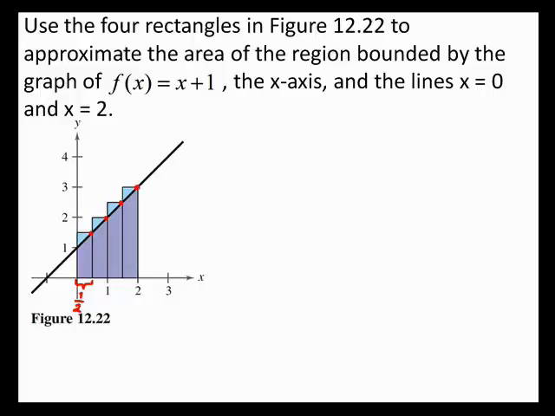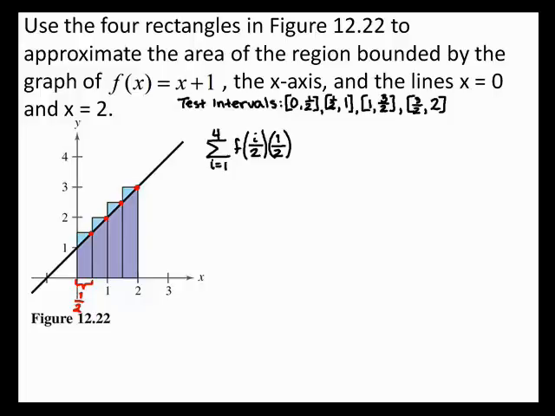The four intervals are as follows. Know that the right endpoint of each interval is 1/2 i, for i equals 1, 2, 3, and 4. The sum of the areas of the four rectangles is the sum of i equals 1 to 4 of f of i divided by 2 times 1/2, where f of i divided by 2 is the height and 1/2 is the width.